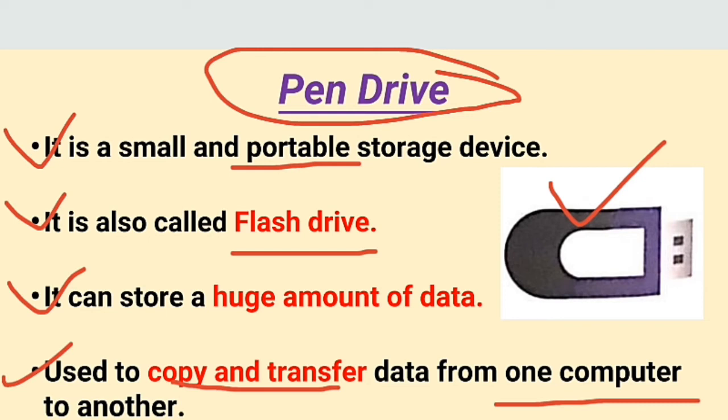So how can we transfer our data from computer number 1 to computer number 10? No networking is there, so it is not possible to transfer. For that, we use CD or pen drive. In computer number 1, we attach the pen drive and store our data in it, and after that we go to computer number 10, put that pen drive there and copy our data in the computer.